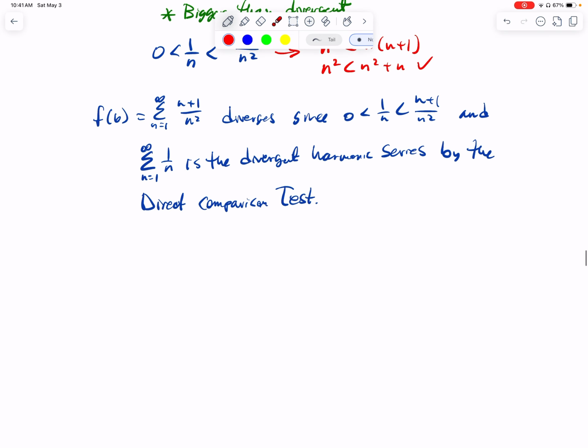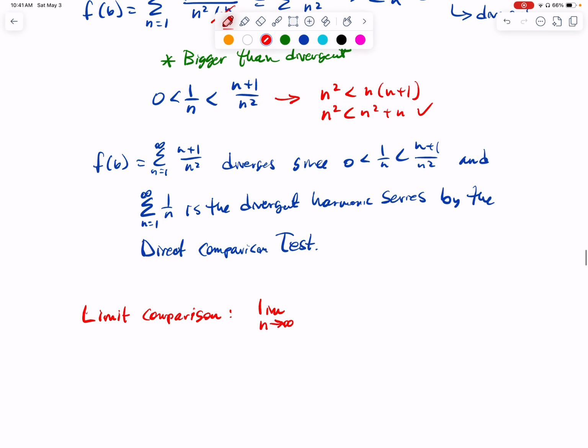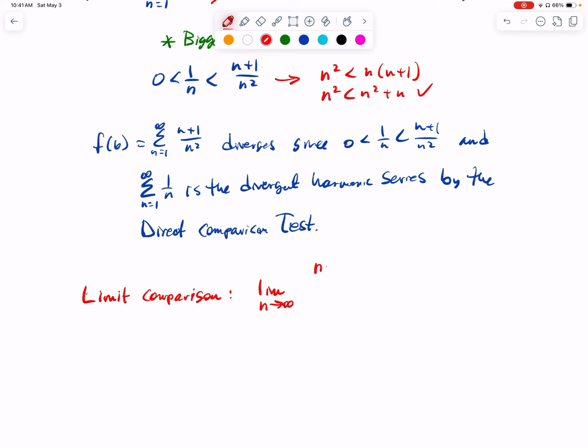So for the limit comparison test, if you were going to do that, so I'll just write this down here, limit comparison. Not that you have to do both, but I'm saying, hey, this is supposed to be a review video, so why not review it? You would go like this. Take the limit as n goes to infinity, and you're taking a ratio of these two things. It doesn't really matter which one's on top.